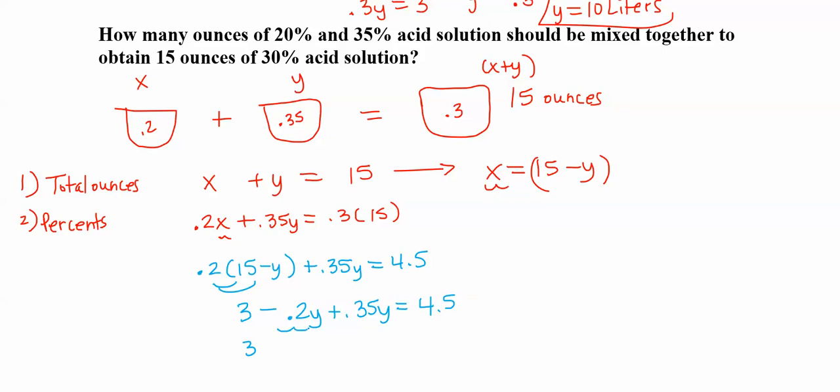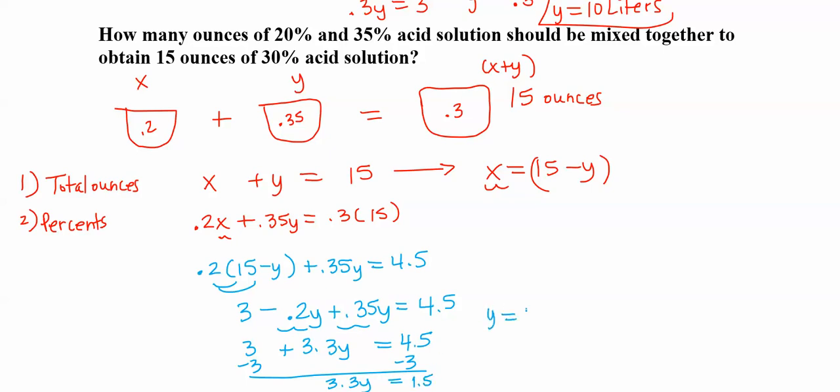Now we need to add up the like terms. So I have negative 0.2 plus 0.35. That sum is equal to positive 0.15y. Subtract 3 from both sides to get y alone. 0.15y equals 4.5 minus 3, or 1.5.